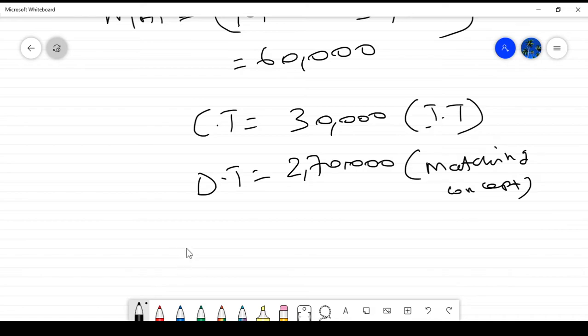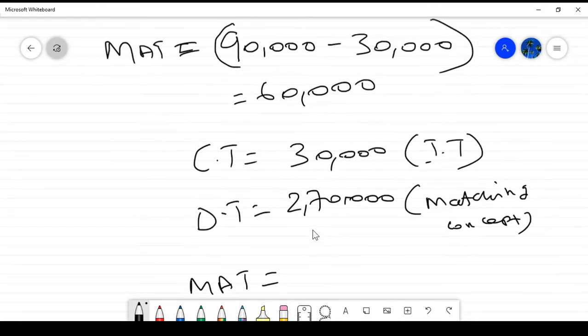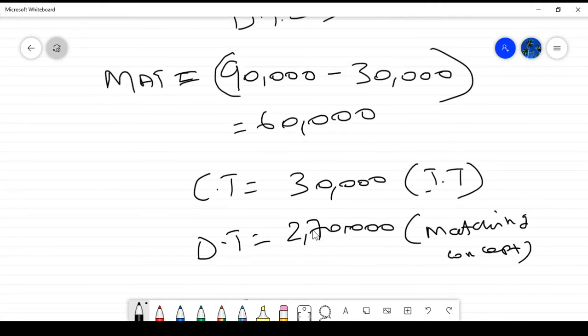Okay, last one is MAT, minimum alternative tax. How much excess? That is excess over. Just refer the excess here. 90,000 is my MAT amount. Actually I am paying 30,000 only under the income tax act, but I have to pay minimum this amount. Minimum tax I have to pay this much, 90,000, but I am paying only 30,000. So extra 60,000 I have to pay.